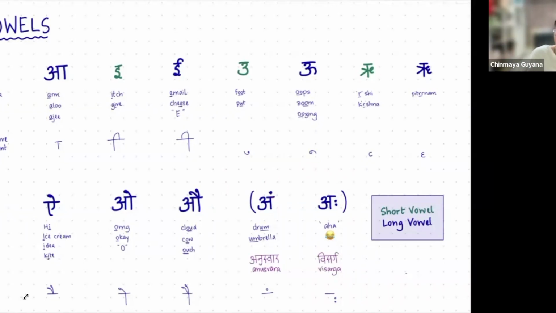Now, let me tell you what the transliteration for each of these letters is that we will be using in this class, and that I recommend you use whenever you're looking for anything in English.